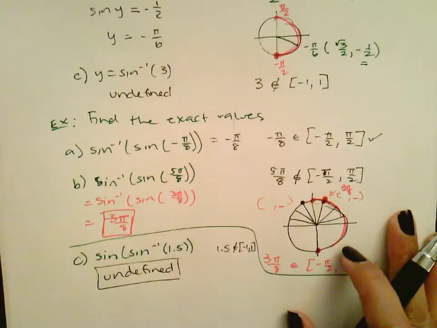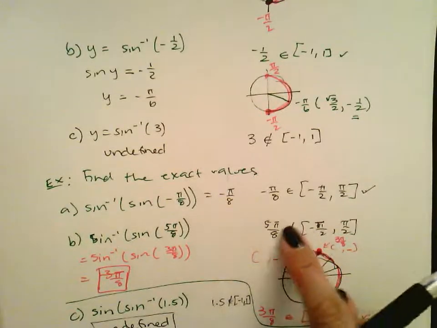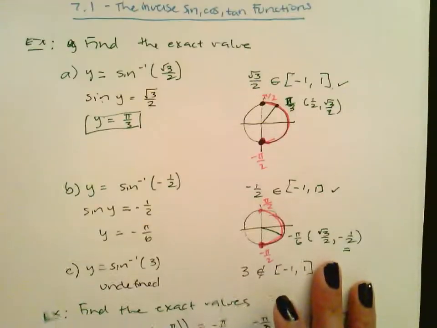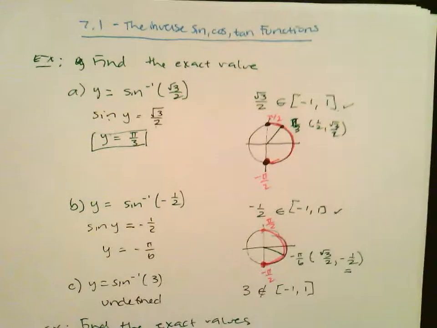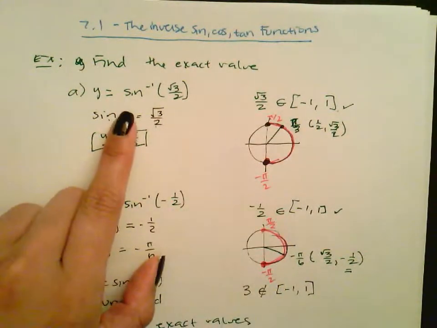Alright, let me go back to the worksheet and make a comparison between all of the restrictions I was checking and the function I was given. For the first one, sine inverse of radical 3 over 2, I was checking if radical 3 over 2 was between negative 1 and 1. Why?